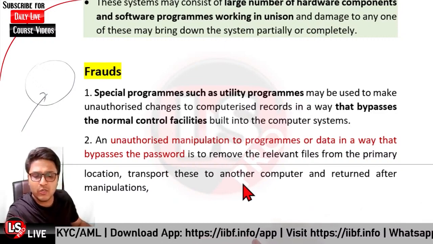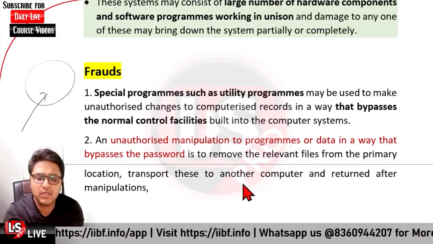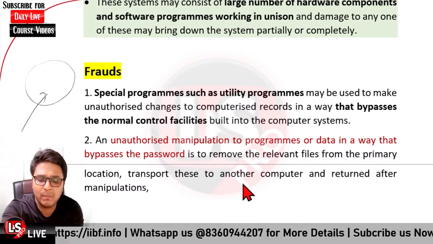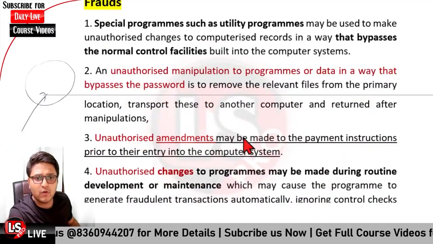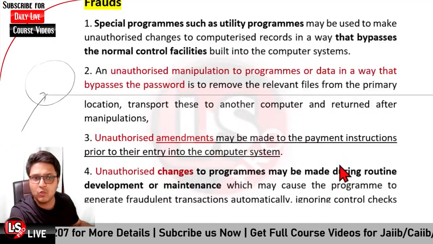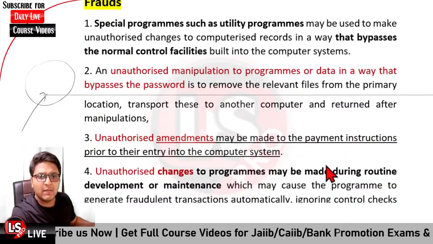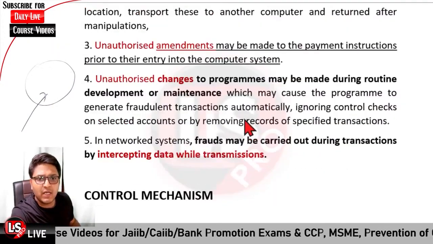So the basic security level is which one? Where you have to enter the password. So if some program has been used to alter the data so as to bypass the password conditions, that could lead to some fraud. It could be an unauthorized amendment to the data, or unauthorized changes to the program done during the time of development or during the maintenance of the program. It could also be in the network system.